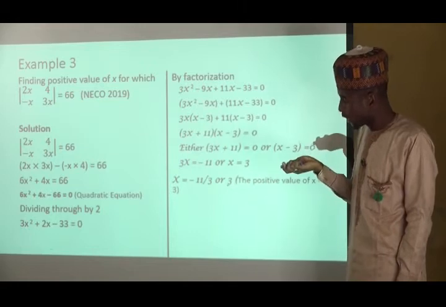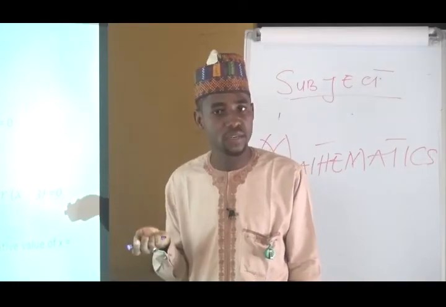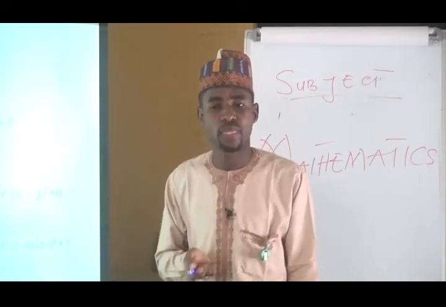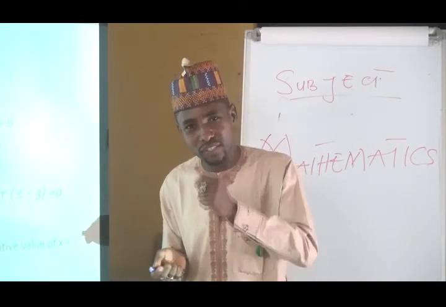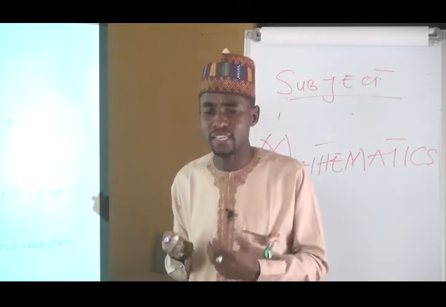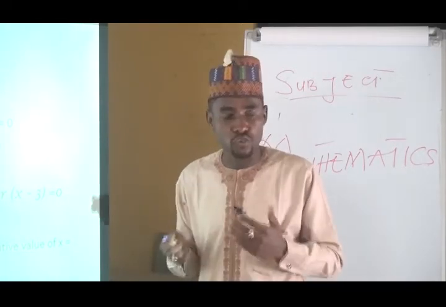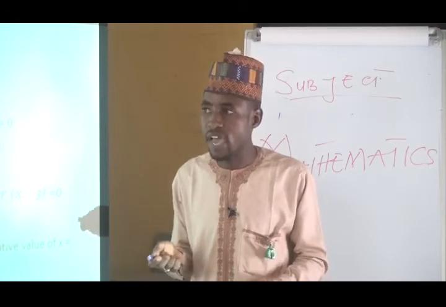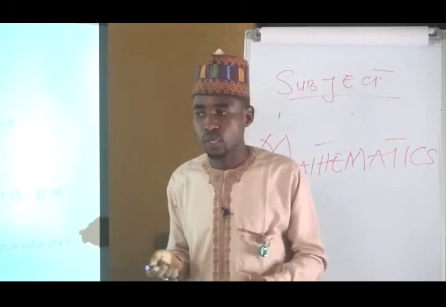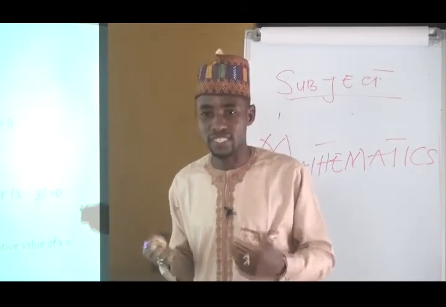Upon multiplication, 3 times minus 33, you will have minus 99. Now you look for factors of minus 99, the numbers that will divide 99 without remainder. We have 9, we have 11, we have 3, and we also have 33.